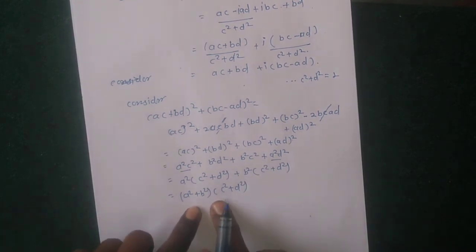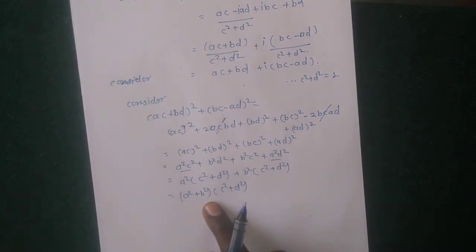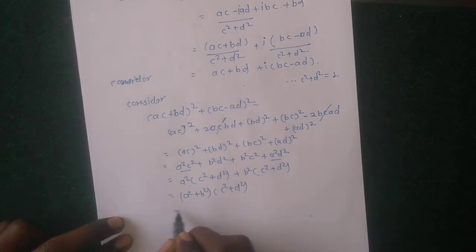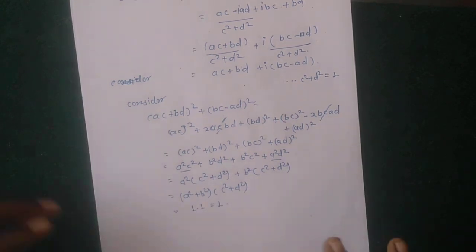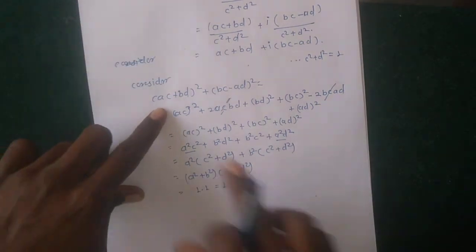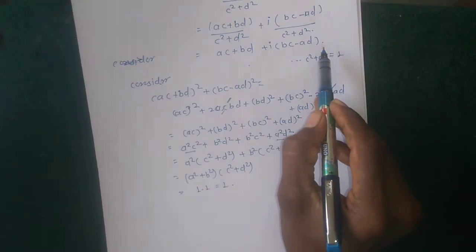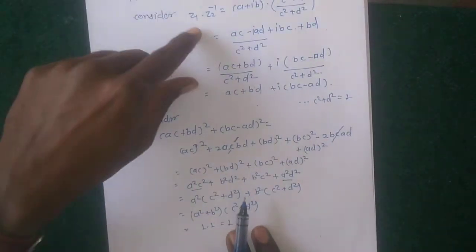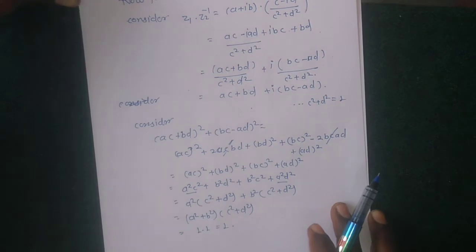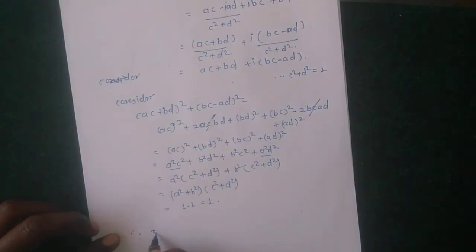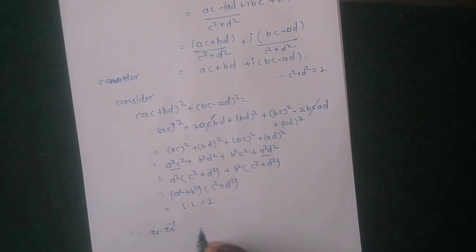But the value of A square plus B square equals 1, because Z1 belongs to H, and similarly C square plus D square must be 1. 1 into 1 we get 1. Okay, therefore the square of this element plus the square of this element equals 1, and Z1 into Z2 inverse belongs to H.